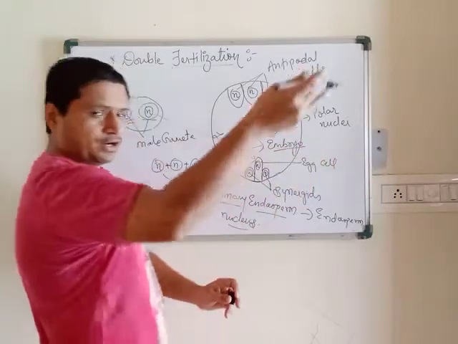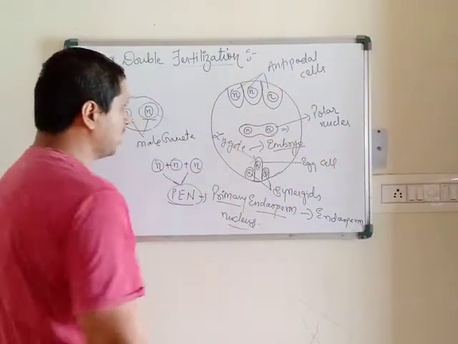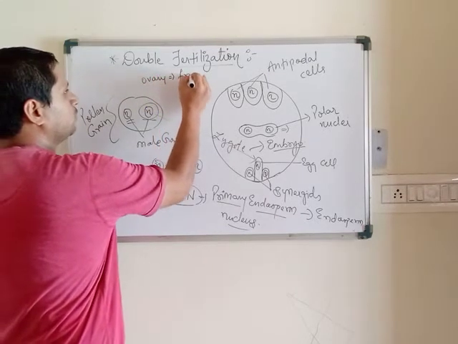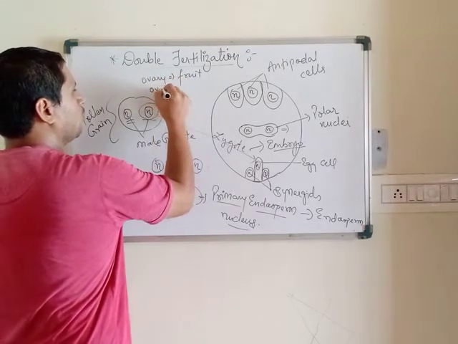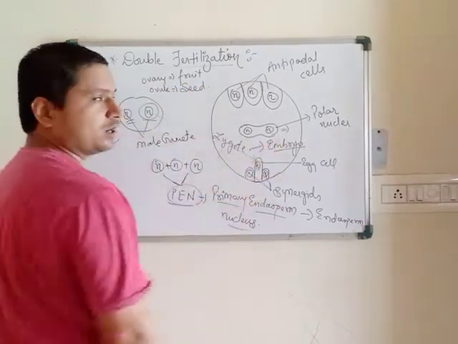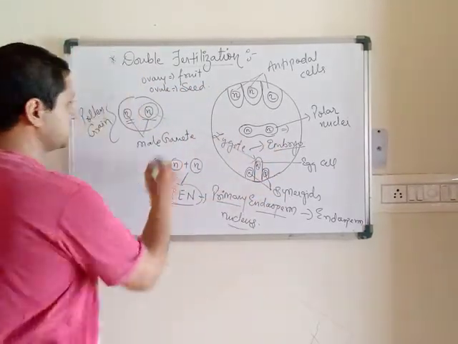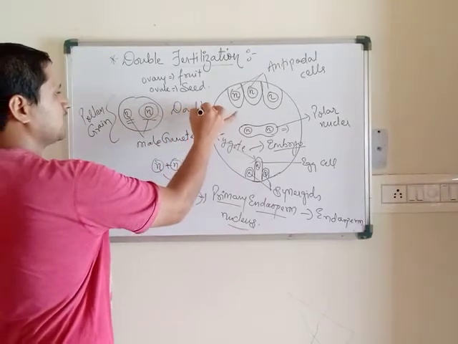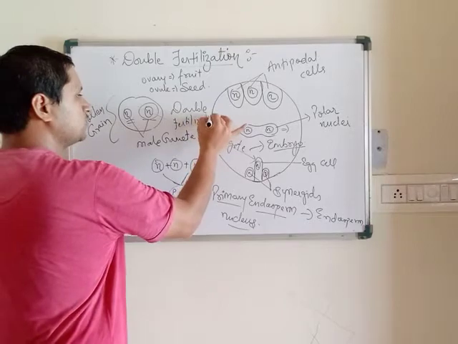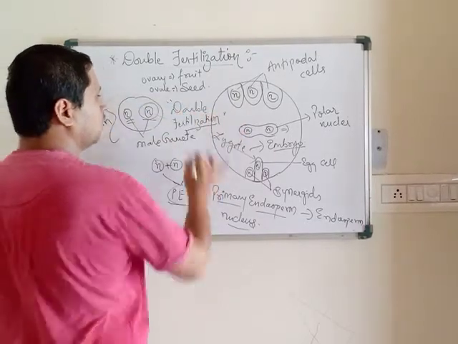Now in the post-fertilization events, children, the ovary develops into the fruit and the ovule develops into the seed. Now as the fertilization occurs twice here, it is known as double fertilization. Okay children? It is very easy, as we have learned in the 11th standard also.